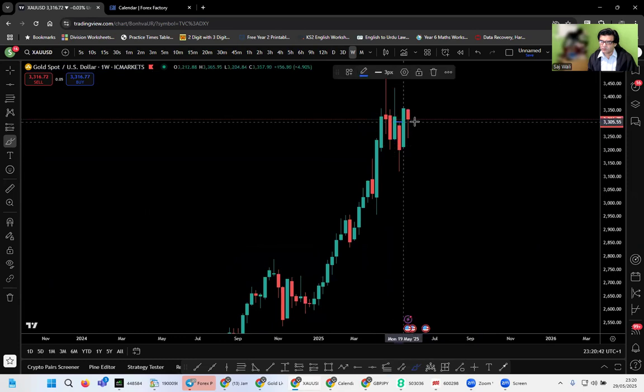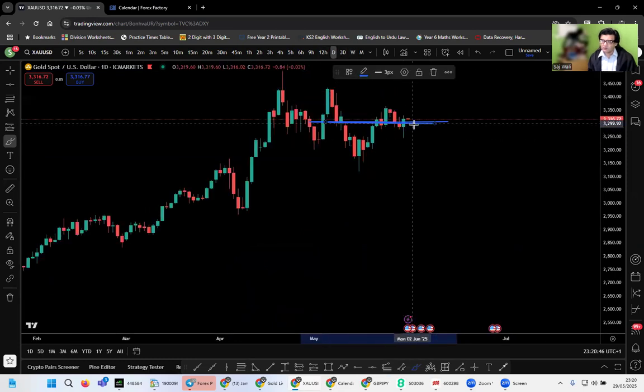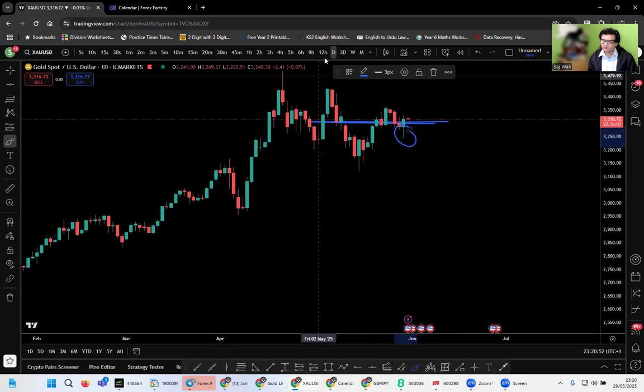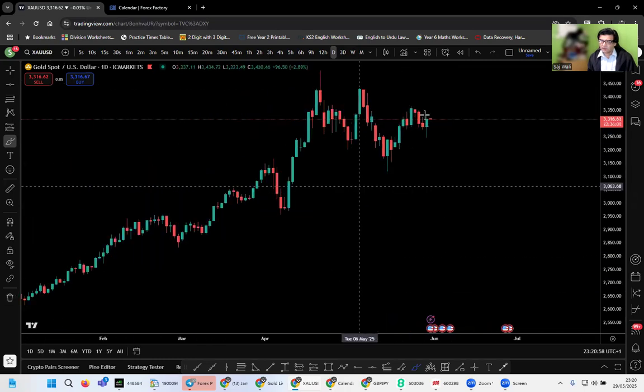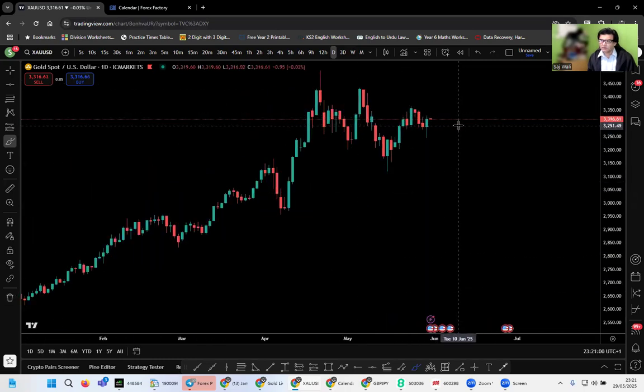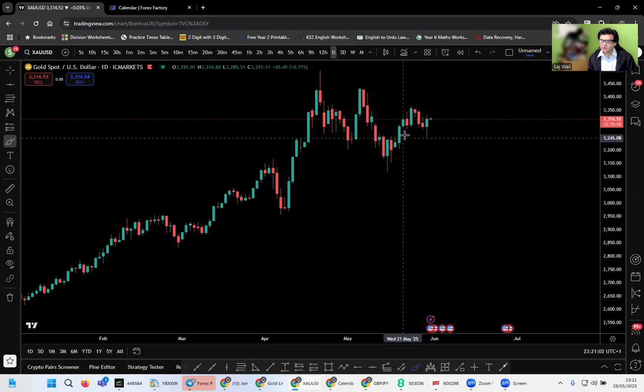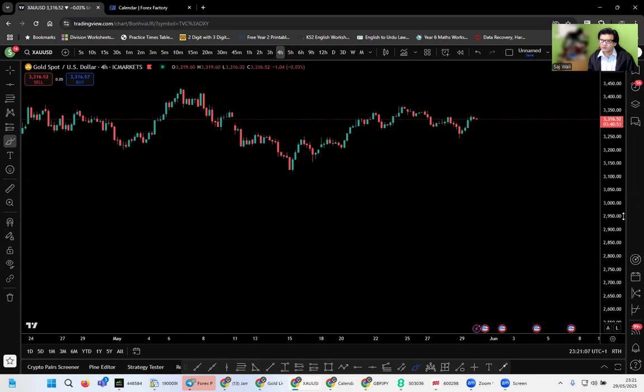We expected up to here, fill the weekly gap, but market went down quite a lot from that. And you can see this wick has been formed in daily. What that shows is that there's a rejection in daily, and now market should go from here to the upside. That's for weekly.